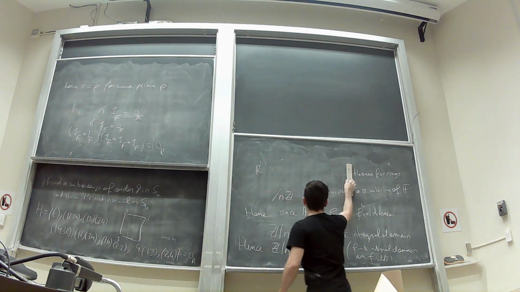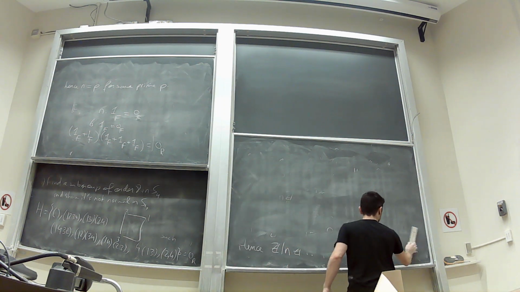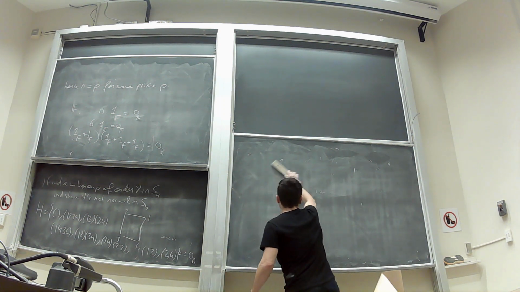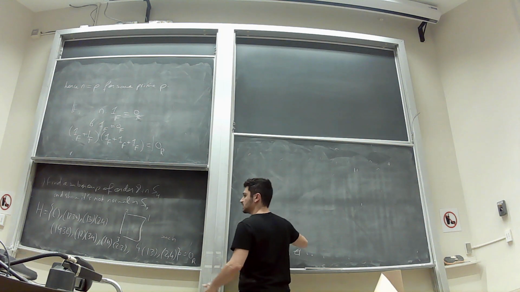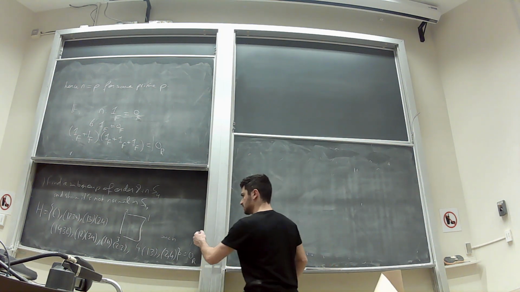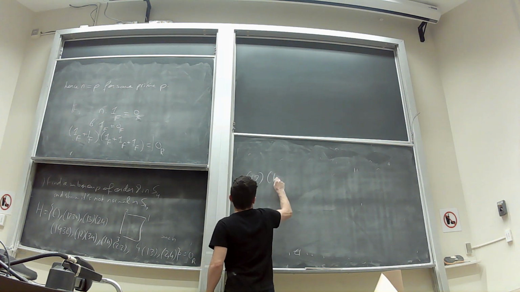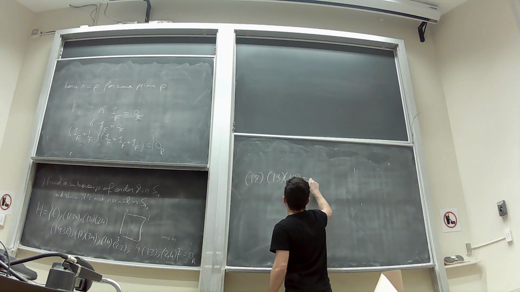Now why is it not normal? There are many ways to do that. But let's just pick an element, conjugate it, and see that I don't land in H, right? So pick an element that's not in H. In this case it will work. Let's say (1 2) times (1 3) times (1 2). What is that equal to? This sends 1 to 2, 2 is fixed, and 2 to 1.